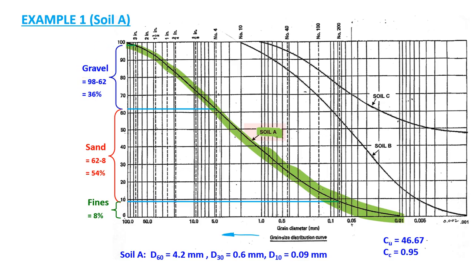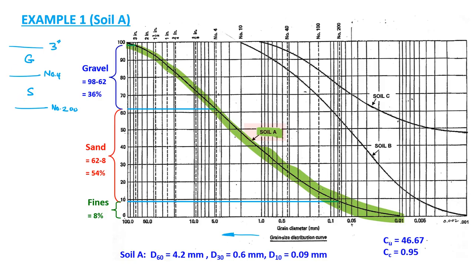If you remember, for gravel the upper limit is the 3-inch sieve and the lower limit is the number 4 sieve, and for sand the lower limit is the number 200 sieve. So this is gravel and this is sand.